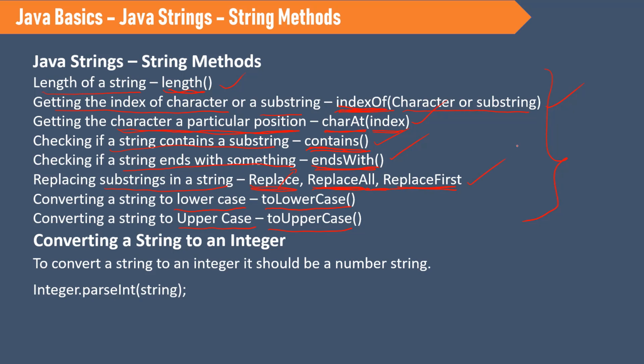And if you want to convert a string to lowercase, you can use toLowerCase. If you want to convert a string to uppercase, you can use toUpperCase. Now, how to convert a string to an integer? We have a method called Integer.parseInt, and using this method, we can convert a string to an integer. Let's see this one.